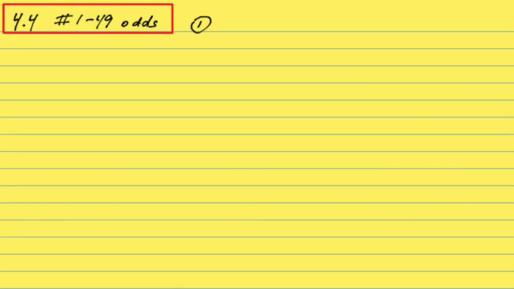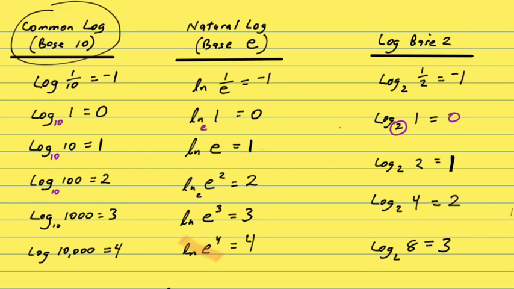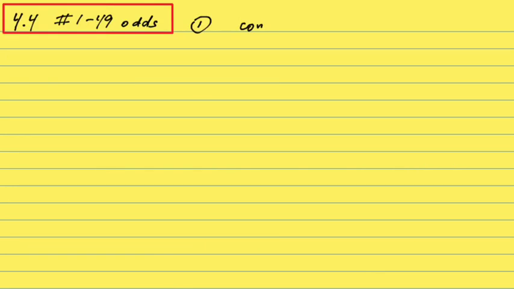Number 1, a log base 10 is called a common log. So number 1, you're just filling in common for common log. Number 3, rewrite it in exponential form. They give us log base 4 of 16 equals 2.